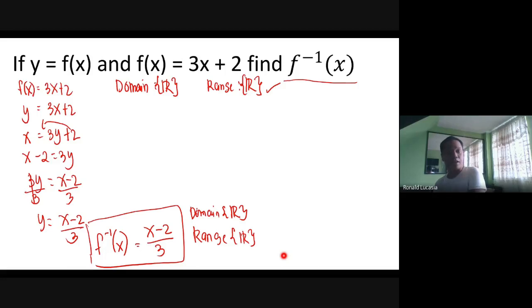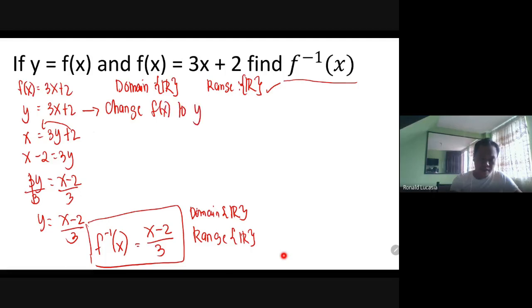Okay, any questions so far? The first step is to change f of x to y. The second step is to interchange y and x, and then solve for y in terms of x.